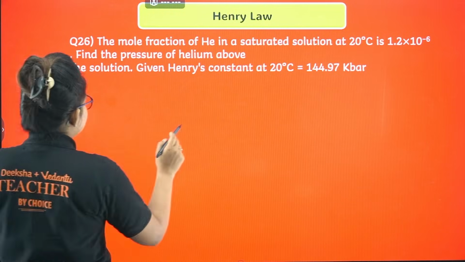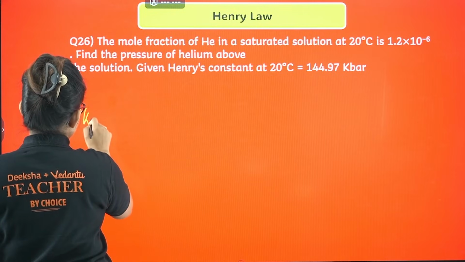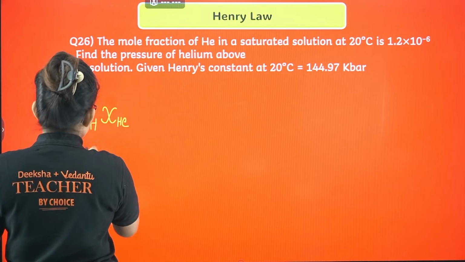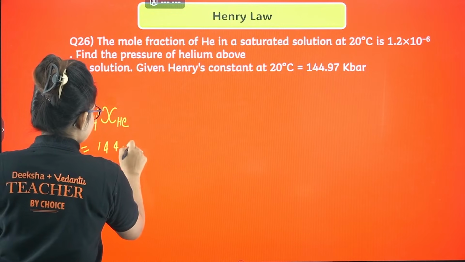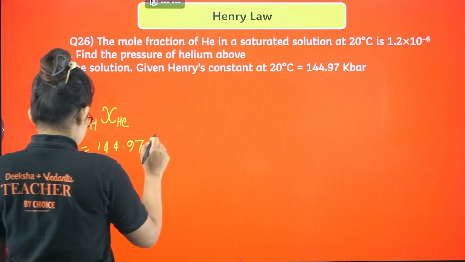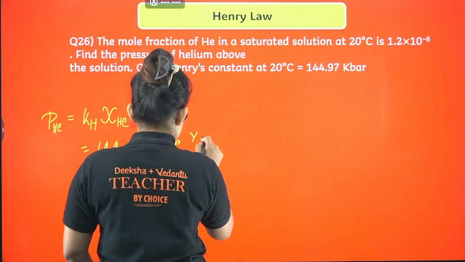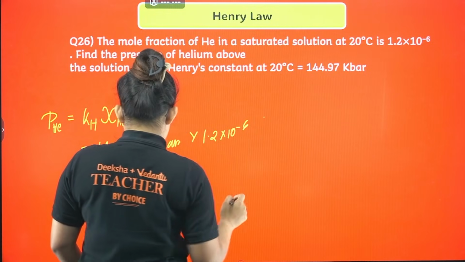Okay, so here you can see this is Henry's law. Henry's constant, KH, into the mole fraction of helium. So simply we can do it: 144.97 into 1.2 into 10 power minus 6.